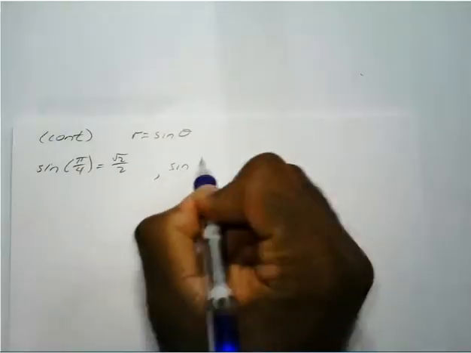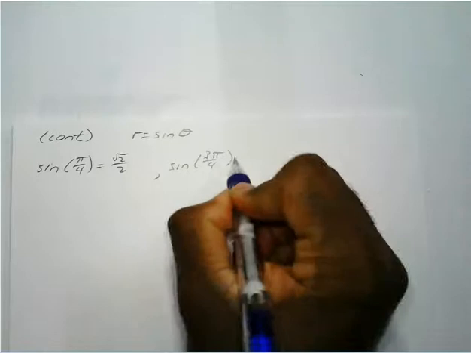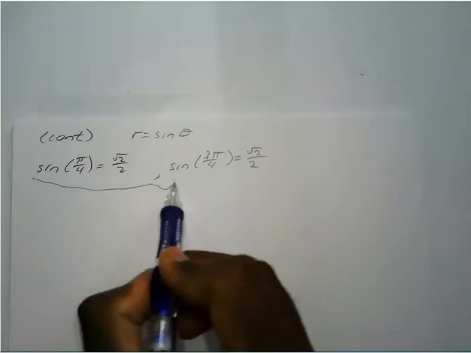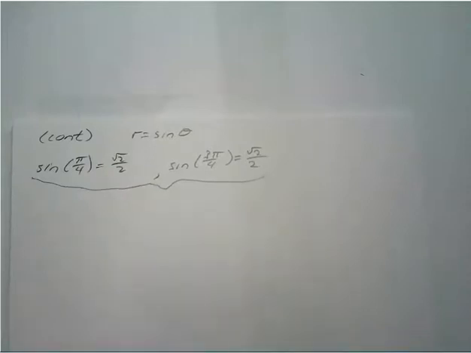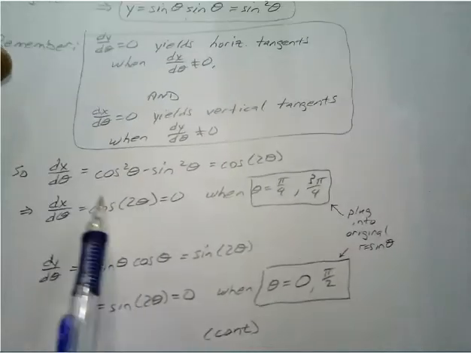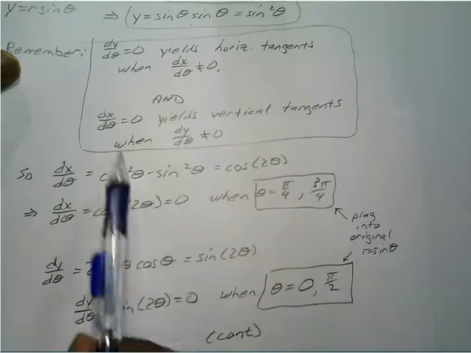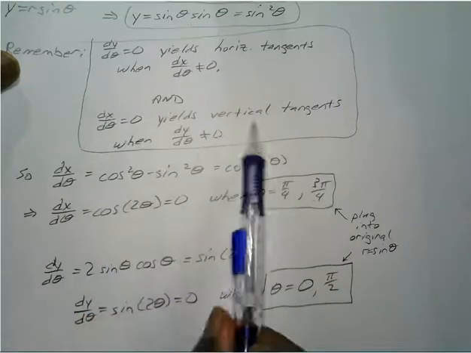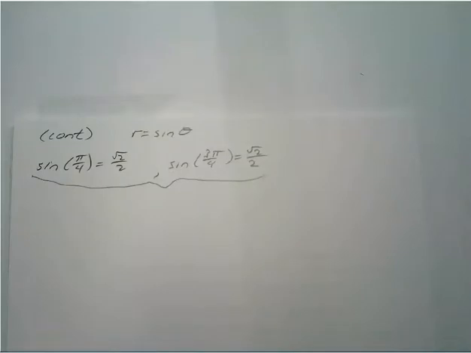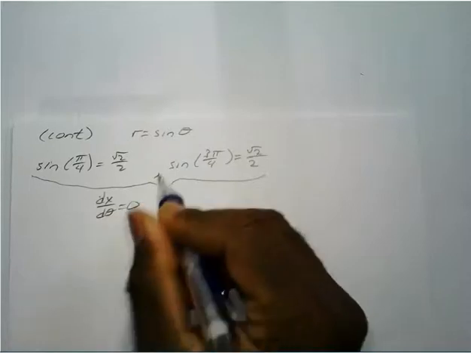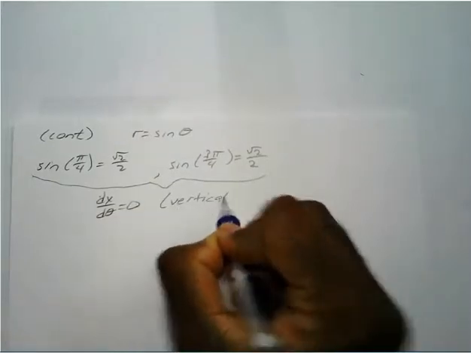Sine of π/4 is equal to √2/2, and sine of 3π/4 is √2/2. We're going to use just those two because we're looking for your dx/dθ, and those are your dx/dθ. So dx/dθ equals 0 gives us our vertical tangents.